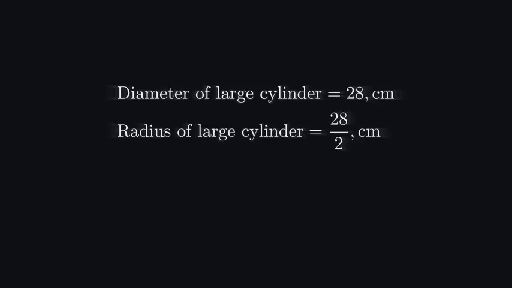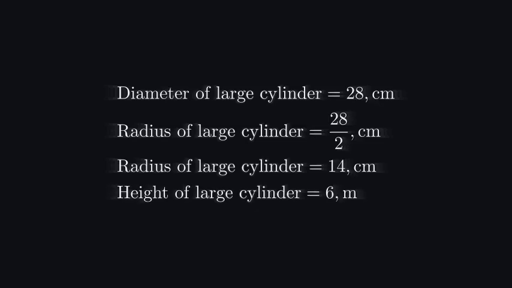Diameter of the large cylinder equals 28 cm. Radius of the large cylinder equals 28 over 2 cm, which is 14 cm. Height of the large cylinder equals 6 m.